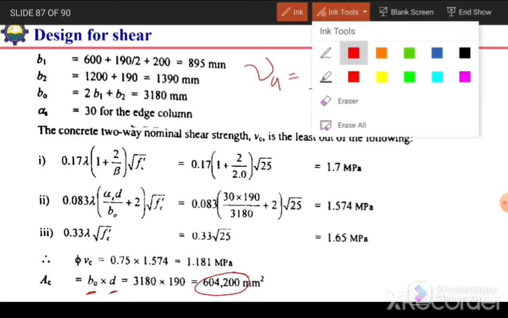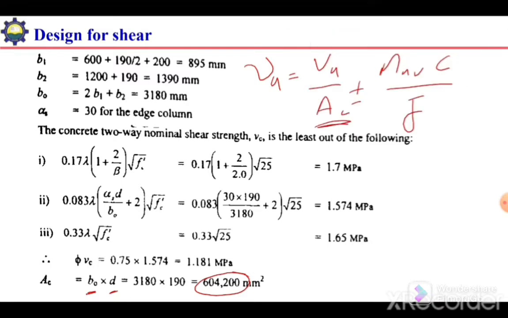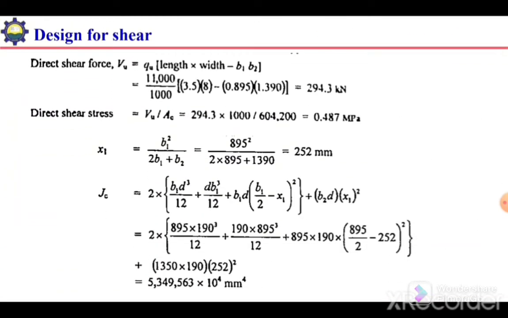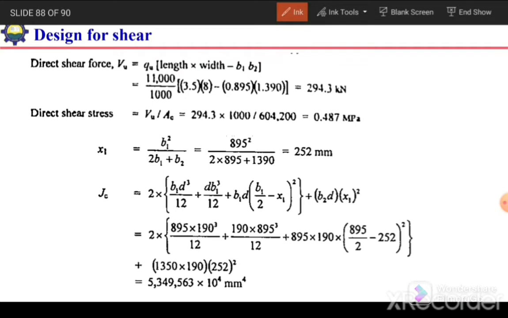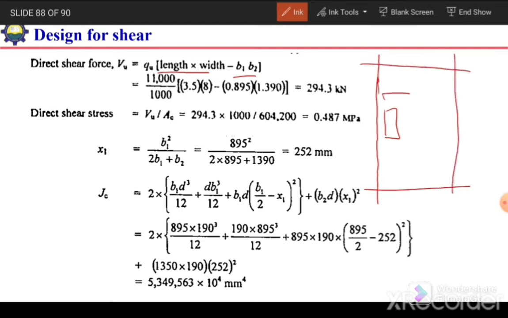For VU, we have already seen the formula, which is equal to QU times length and width minus B1 into B2. So if we have a column over here, and this is the critical section, this much area will be causing the direct shear.